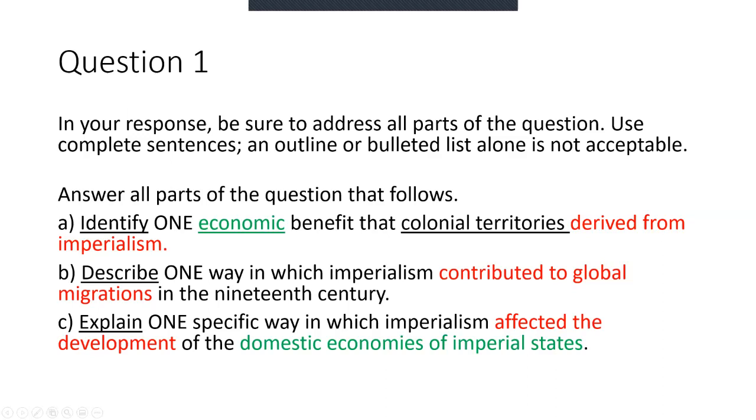One way in which imperialism affected the development of the domestic economies of imperial states. Again, how did imperialism cause developments or impact the economies of imperial states? We'll get into that a little bit more in a second here, okay?